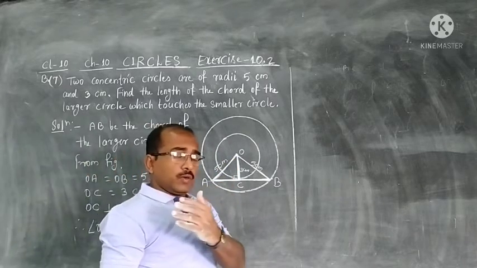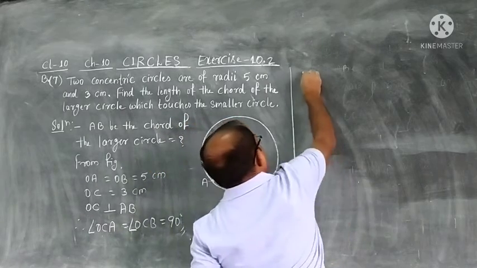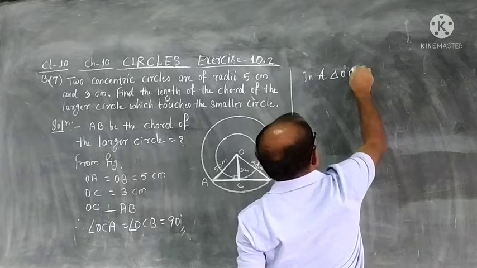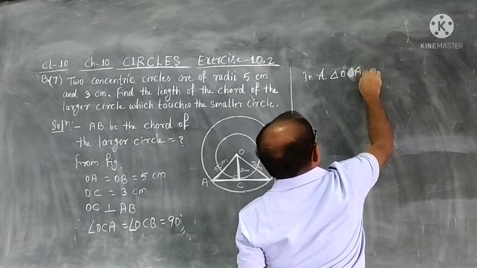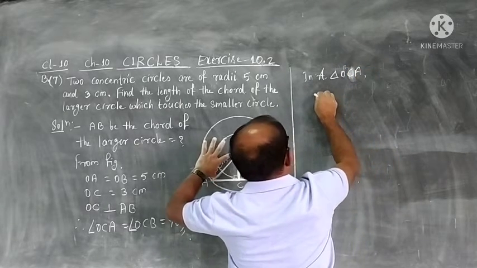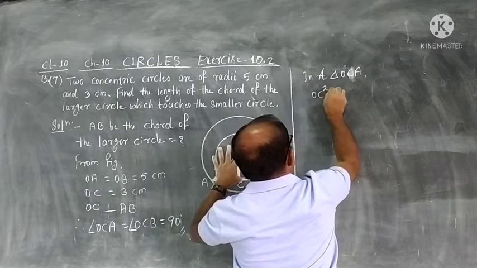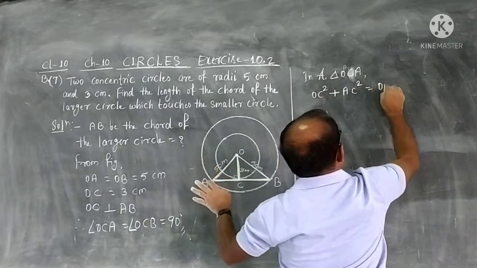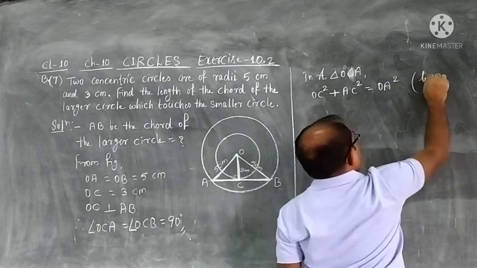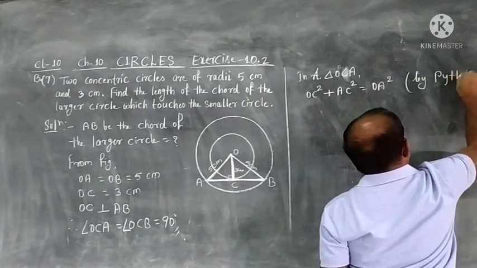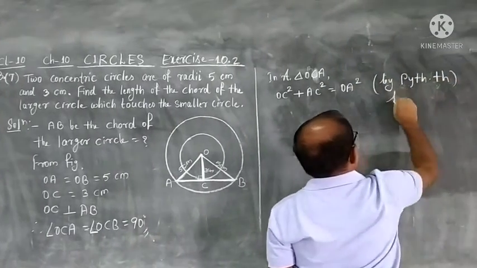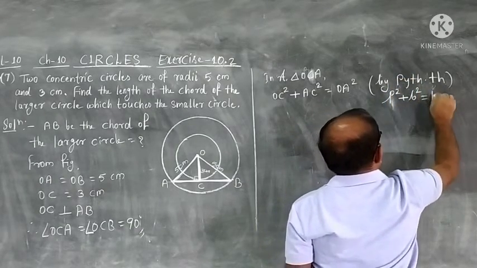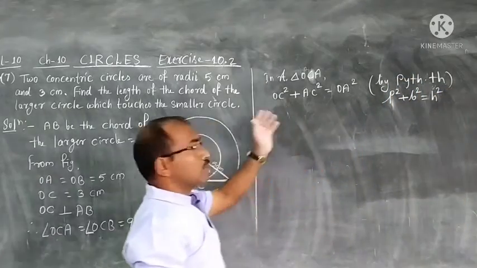We will use the Pythagoras theorem in right triangle OCA. Hypotenuse square is equal to perpendicular square plus base square. So, OC square plus AC square is equal to OA square by Pythagoras theorem, that is perpendicular square plus base square is equal to hypotenuse square.